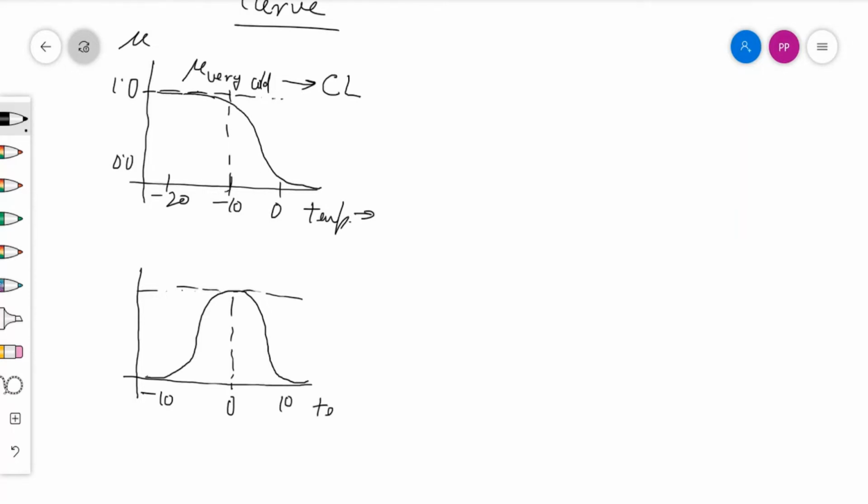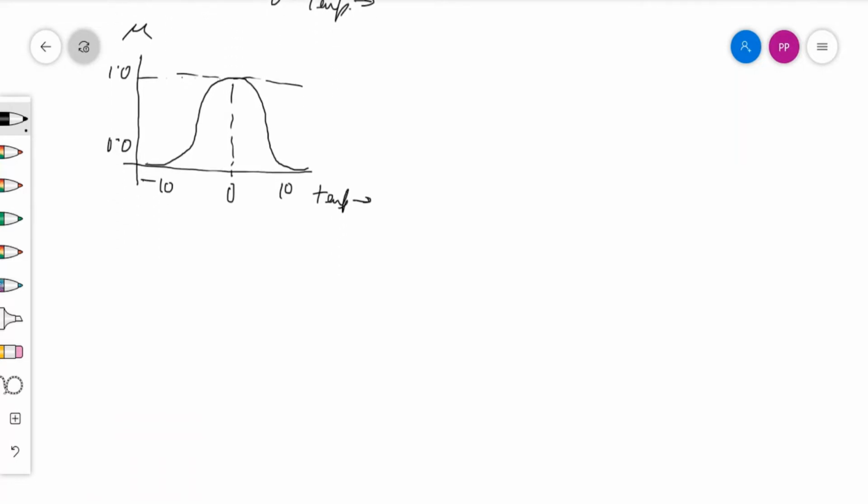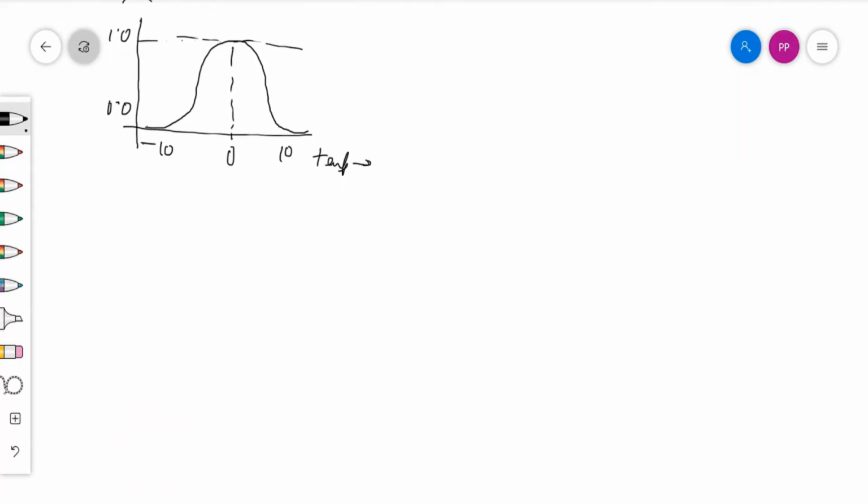You can take any unit for your convenience, maybe degrees Celsius. This is the value of mu on the y-axis. This is 1.0, this is 0.0. Then if I go a little further, this membership function I can define as cold, because -10 to +10 can be considered as cold temperature.